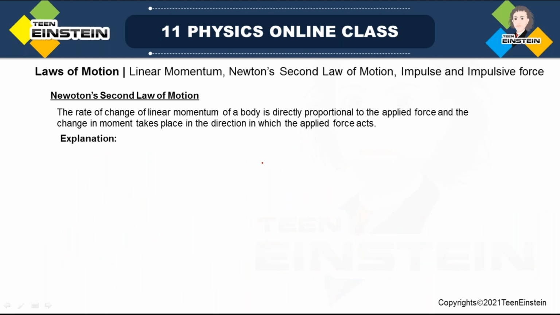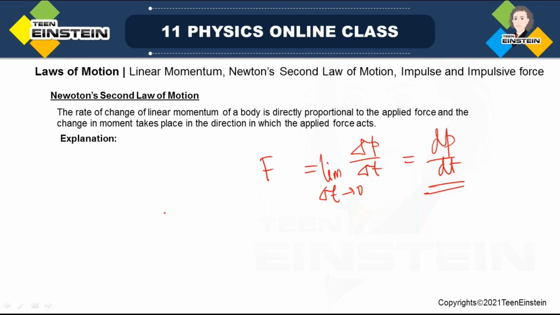Now you have the external force equal to delta p by delta t. If you take the limit delta t tending to 0, then you get dp by dt, the derivative from the definition of calculus. So the time rate of change of linear momentum is equal to the applied external force.